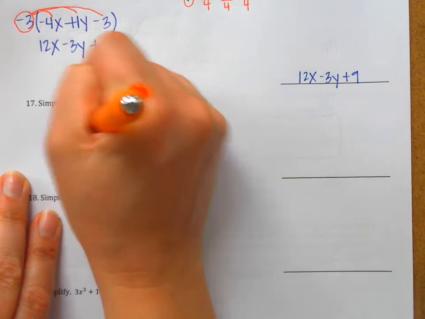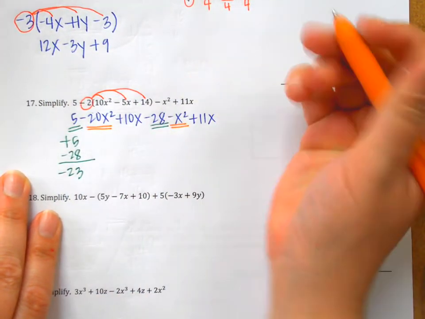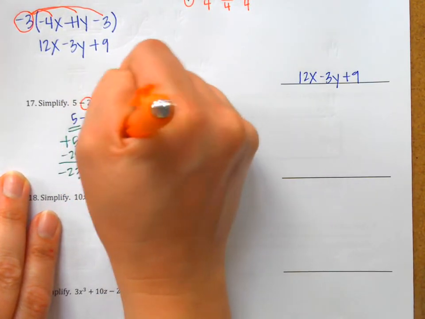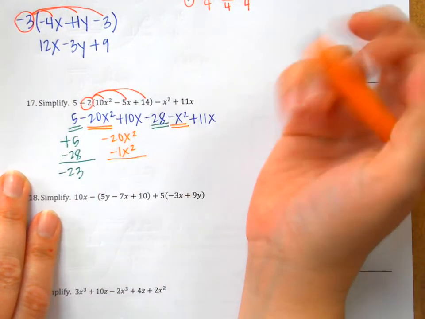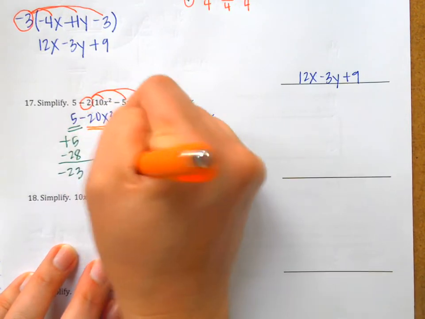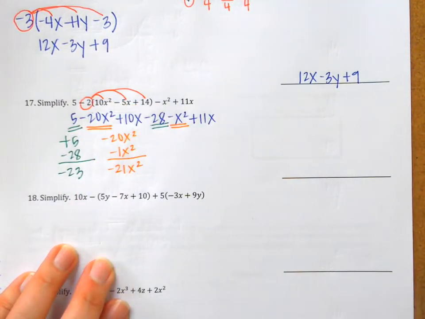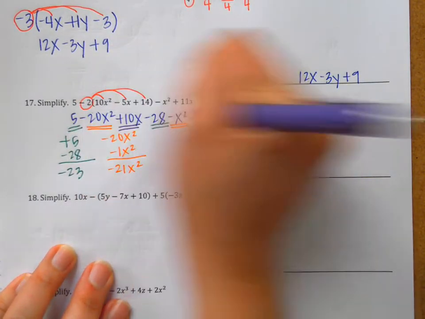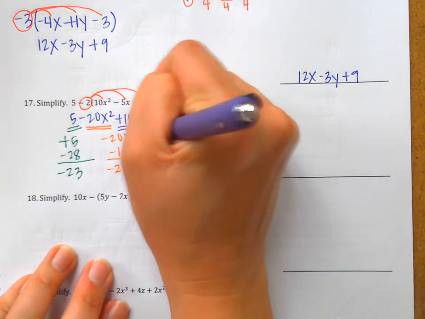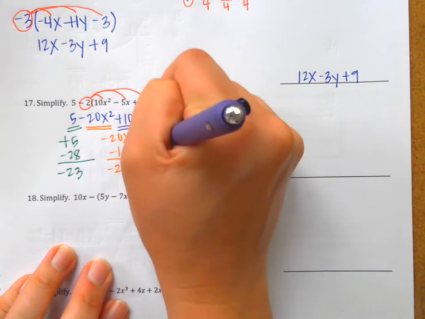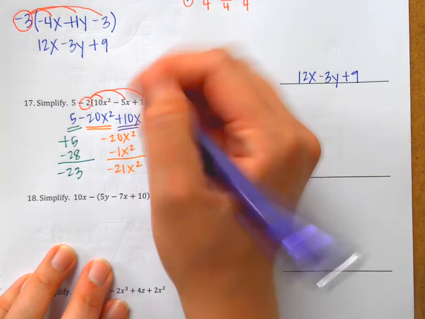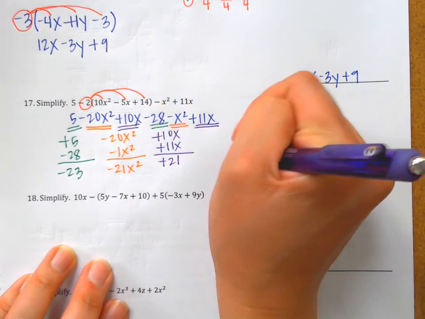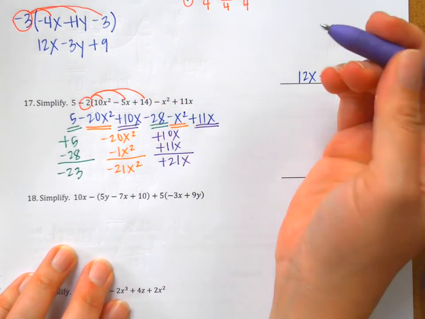Negative 20x squared can combine with negative x squared. That's negative 20 minus 1, so that's negative 21x squared. And then our last one, 10x can combine with 11x. Remember, we're just adding the numbers in front. So 10 plus 11 is 21 also. And then the x just stays the same.